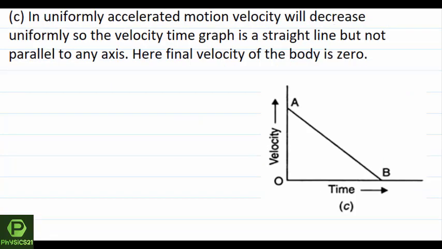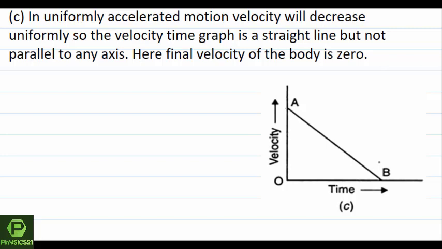Now in the third case, the velocity of the body is decreasing uniformly. So initially at point A, its velocity will be maximum, and after some time when the body is at rest, at point B its velocity will be 0. So this graph represents uniformly accelerated motion of the body when the velocity decreases with respect to the time.